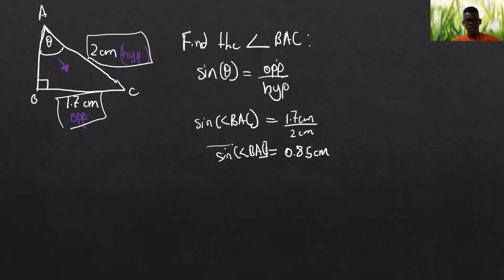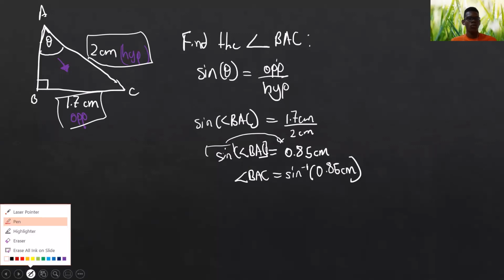The way we make angle BAC the subject of this formula is to transpose, or carry over, the sine, so we have the angle BAC left on this side of the equation. When we carry over sine, it becomes what is known as sine inverse. Sine inverse, open bracket, whatever is left on the other side of the equation, which is 0.85, close bracket.